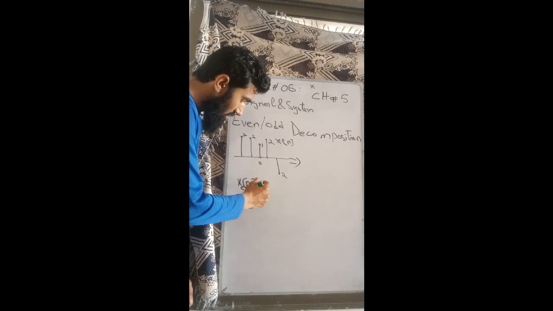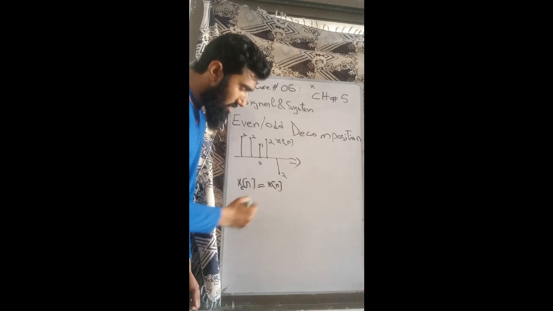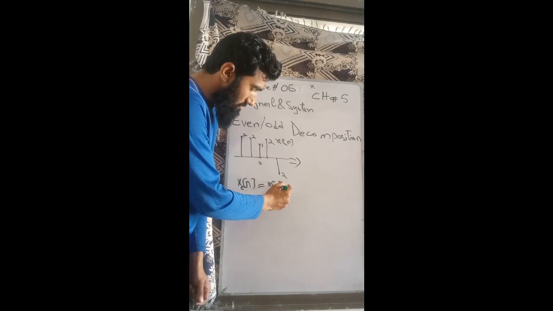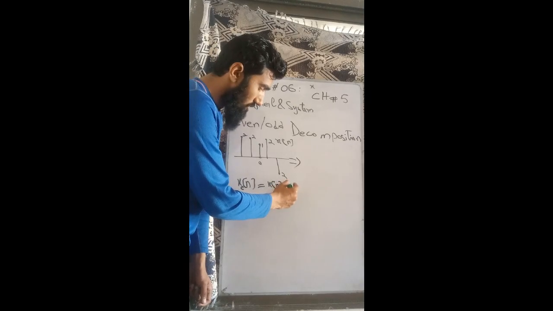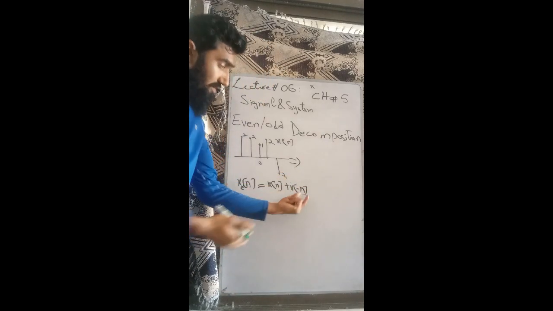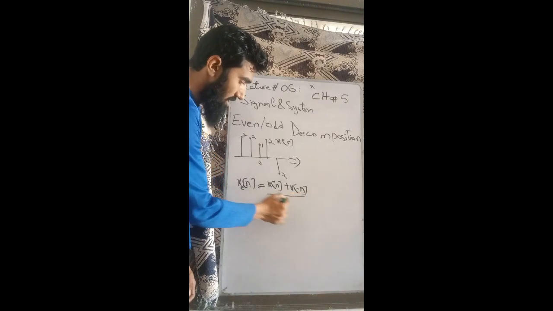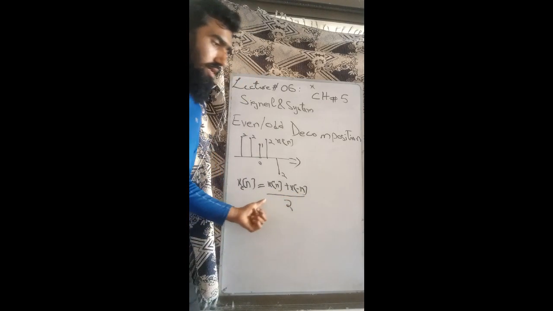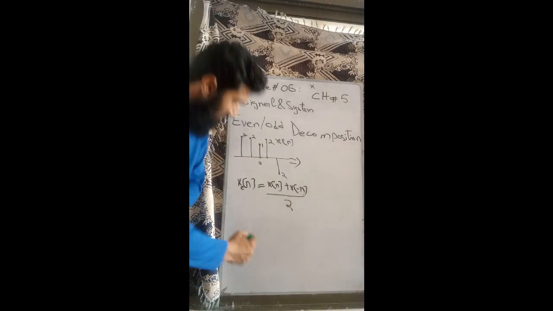So x e of n is equal to x of n plus x of minus n, the reflected or flipped version of that signal, and divide it by 2. Then we will get the even part of this complex signal.